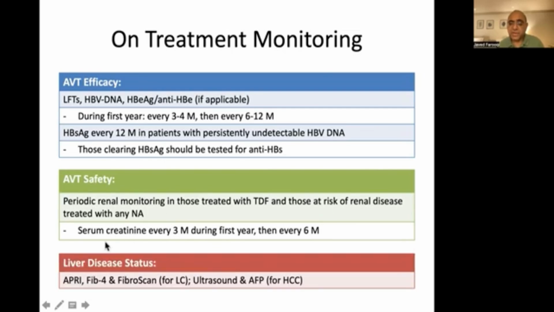And the third monitoring is for the liver disease status. This should include APRI, FIB-4, and FibroScan if available, for cirrhotic patients.